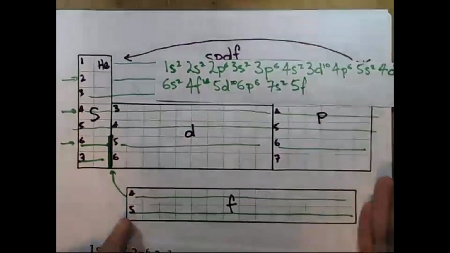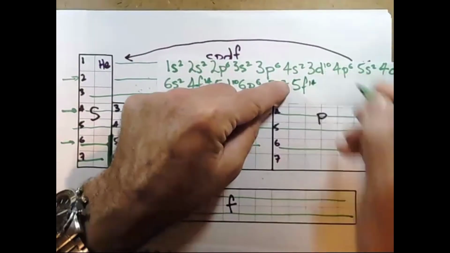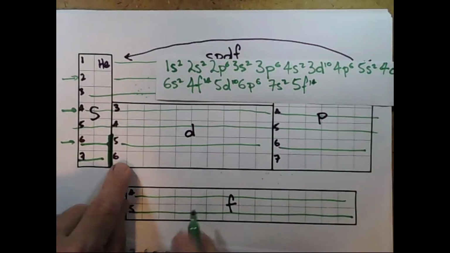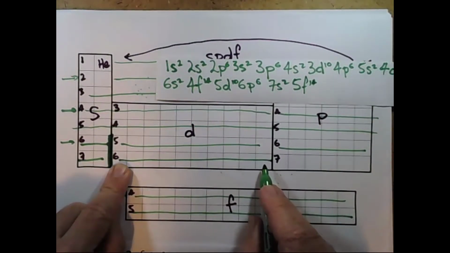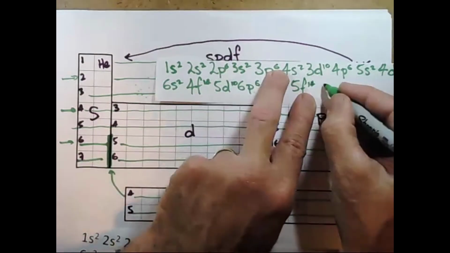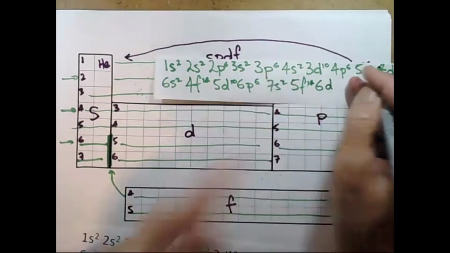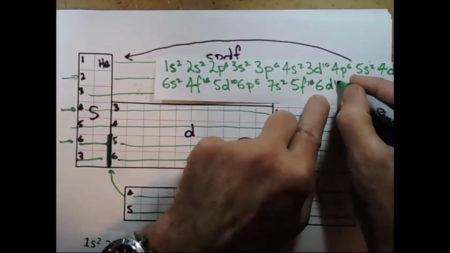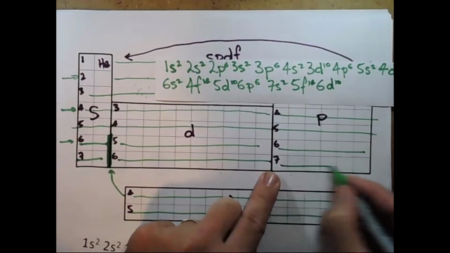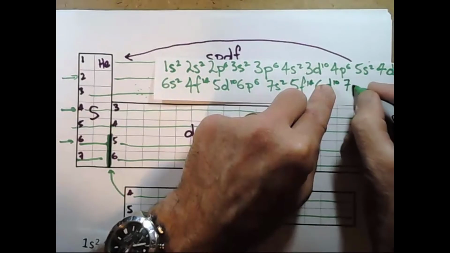That's 14 wide, so 14. And then we come back up here and continue along the bottom row of our periodic table. So that's 6d, 10 wide, and 7p6.